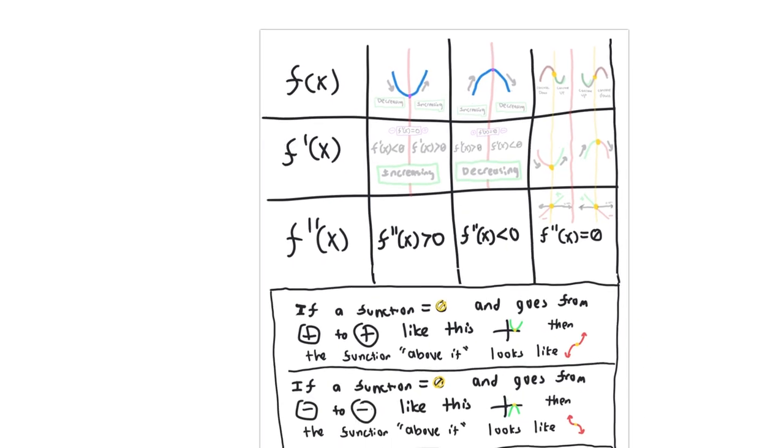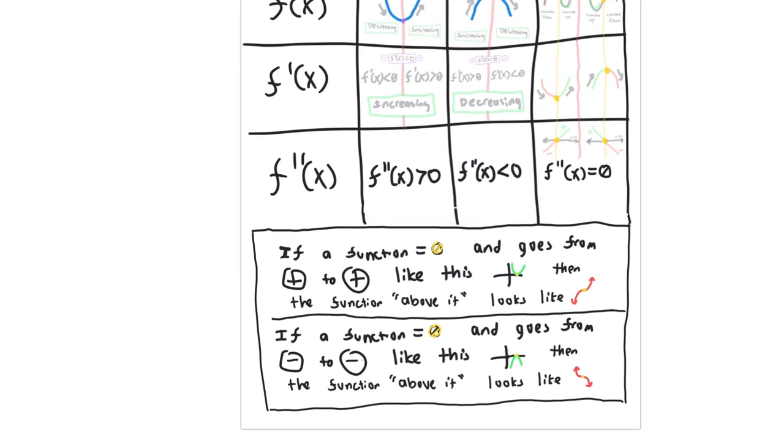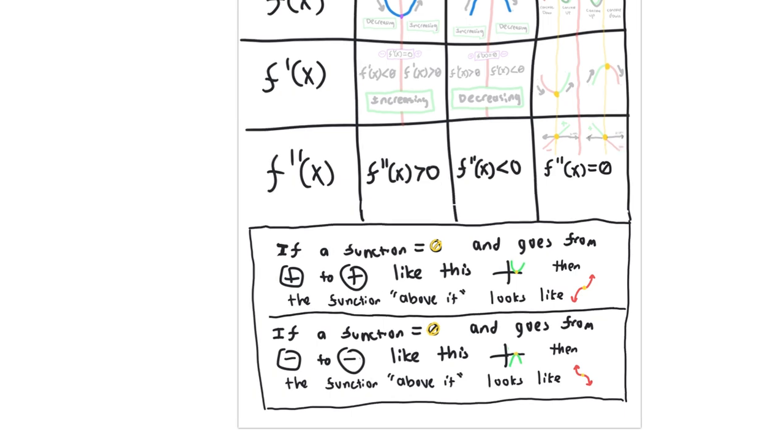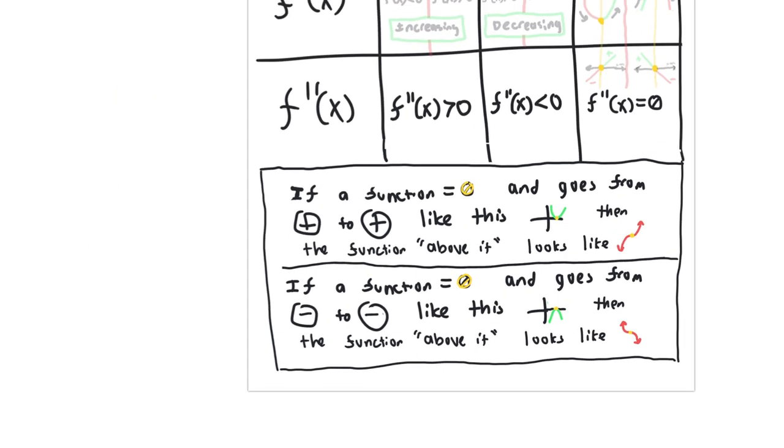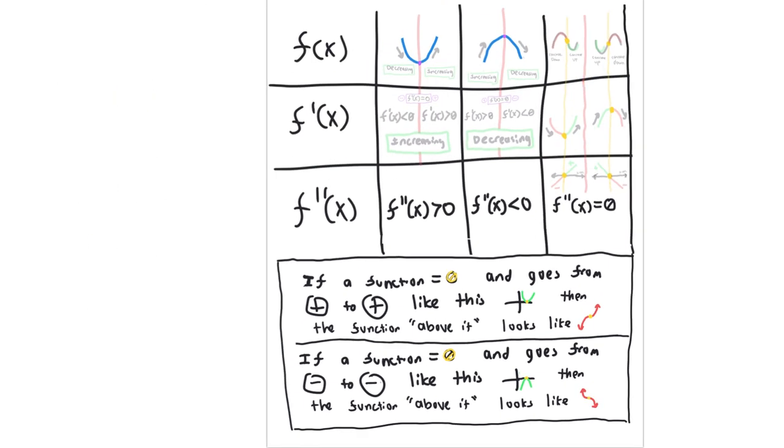There is this other scenario that I want to be thorough and mention, and that is this bottom part, where if any of the functions, and when I say a function, I mean not even necessarily the original function, equals 0 but goes from positive to positive, such as this yellow point crosses the x-axis. That's why the function equals 0. But it's above the x-axis here and it's above the x-axis here.